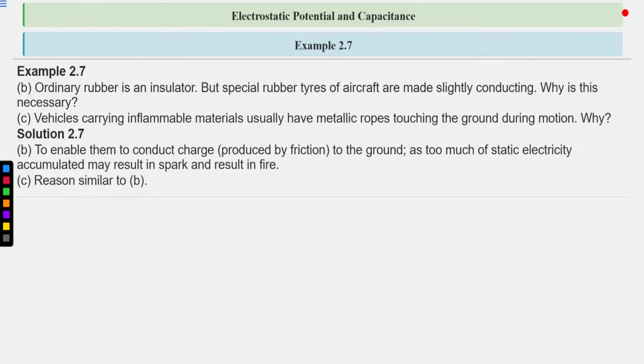So to reduce the accumulation of these charges on these inflammable materials, a metallic rope touching the ground is introduced, so that extra charges that are accumulated will go into the ground. That is also called earthing, the dumping of extra charges in the ground.